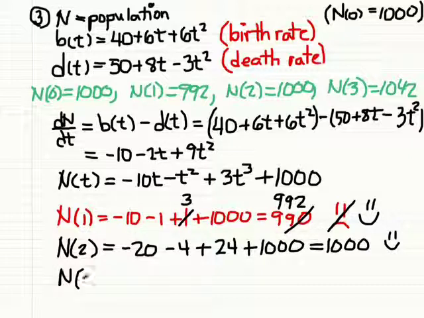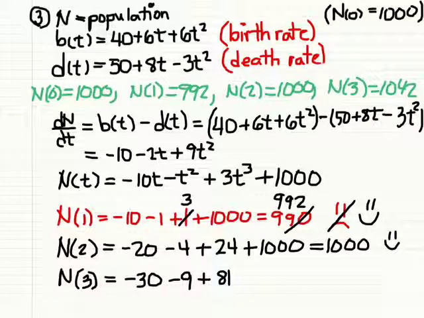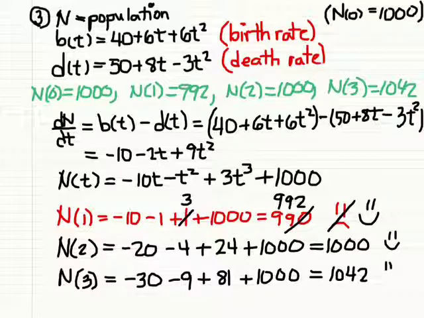And n of 3, negative 30 minus t squared is minus 9, plus 3 times 27 is plus 81, and so we are at 1,042. Yay! 3 times we got it.